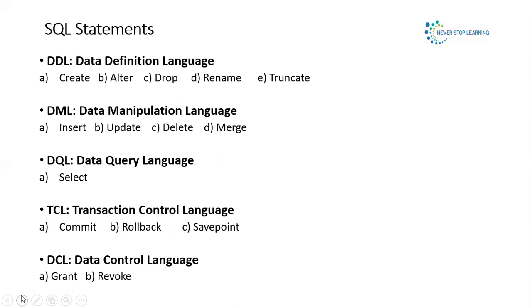For all transaction-related queries, we are going to use TCL. Last, we have DCL, and DCL statements are mainly related to security. DCL stands for Data Control Language, and it consists of commands such as grant and revoke.